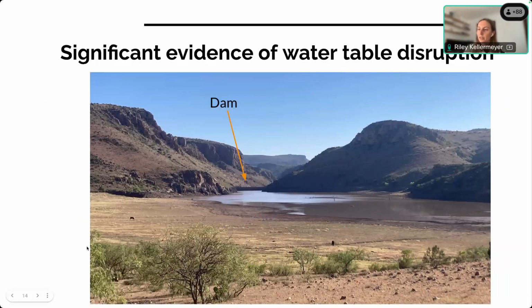As a result, a lake that would usually be all the way up to here is quite small. So these kinds of water disruptions can have a really big impact on our turtles. And therefore there are a lot of times we don't find turtles when we would expect to or have previously.